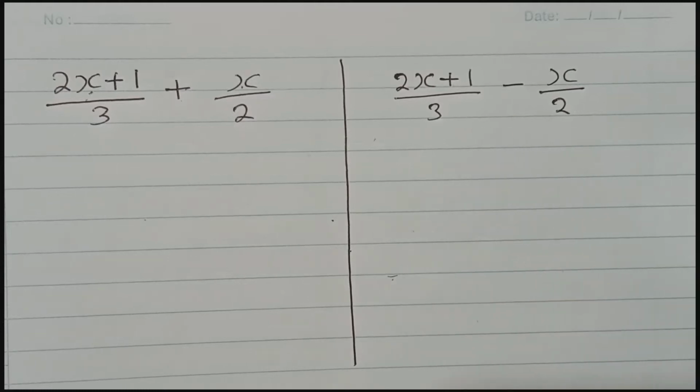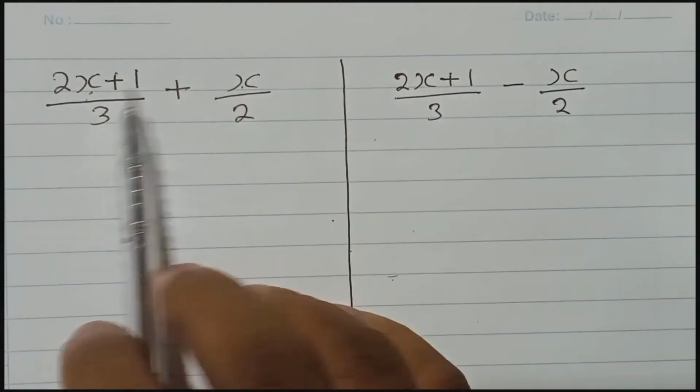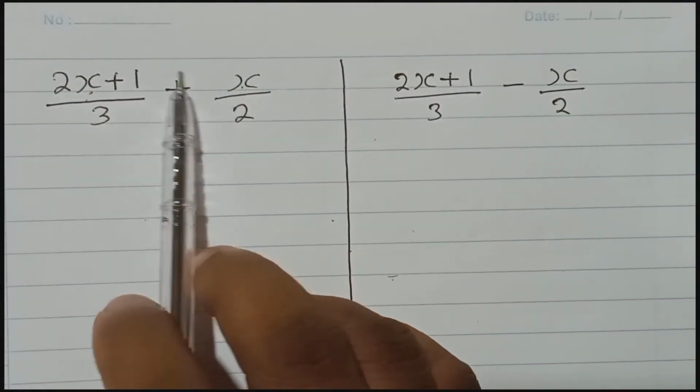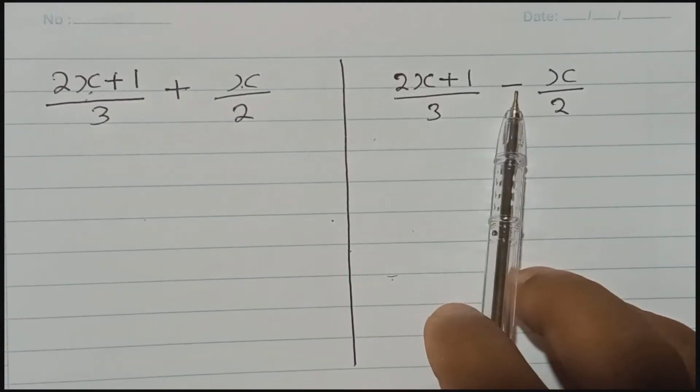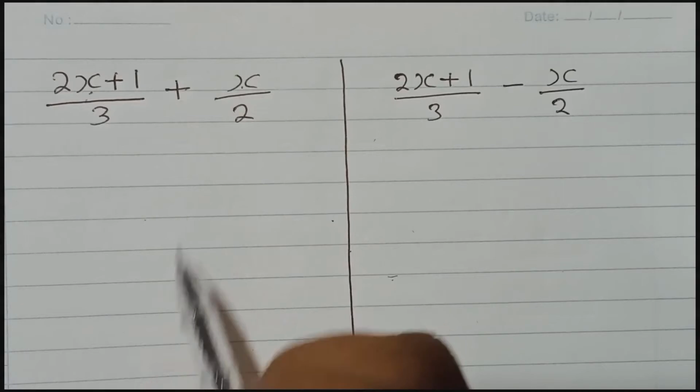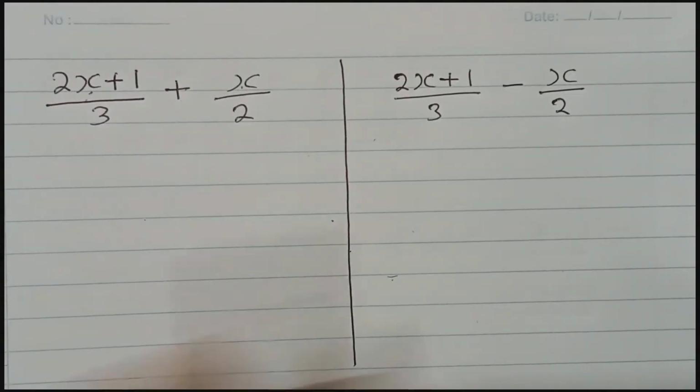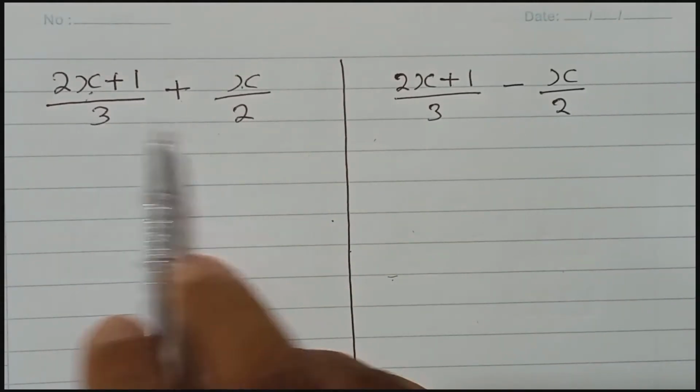When you have two algebraic fractions to add or subtract, that means between these two algebraic fractions you have a plus sign or a negative sign, minus sign, then what you have to do is make the same denominator.